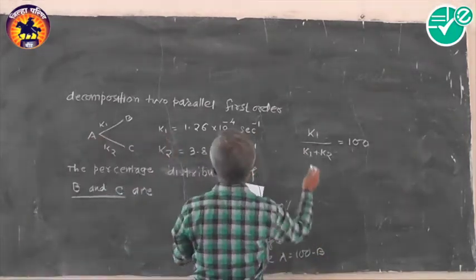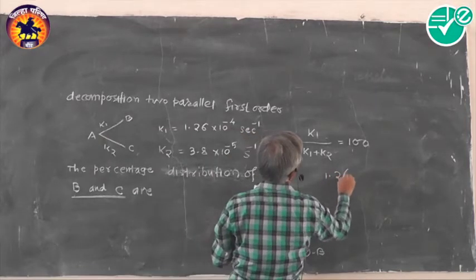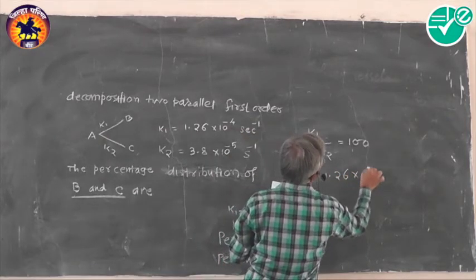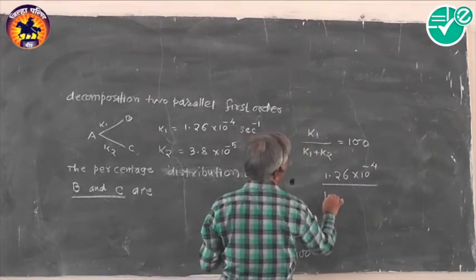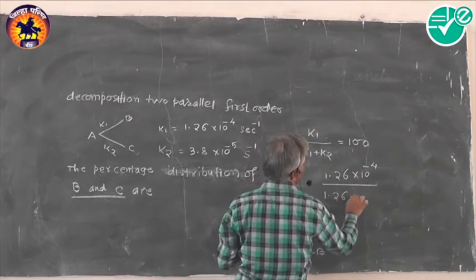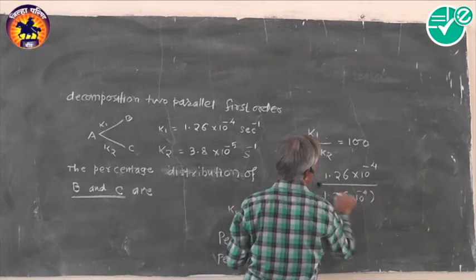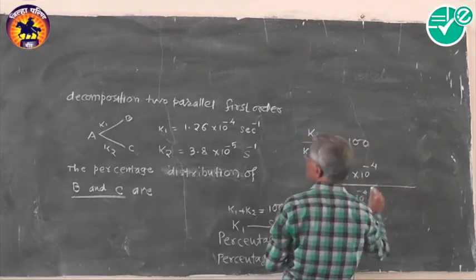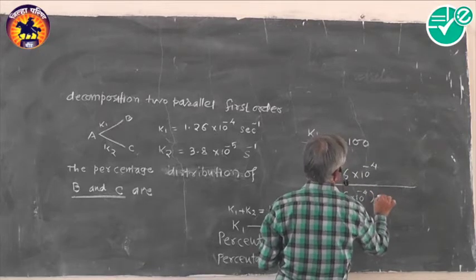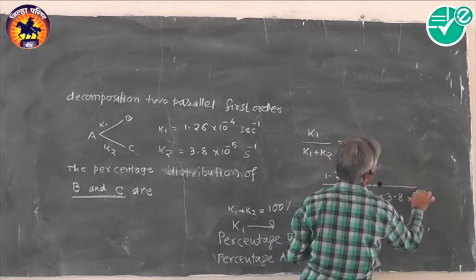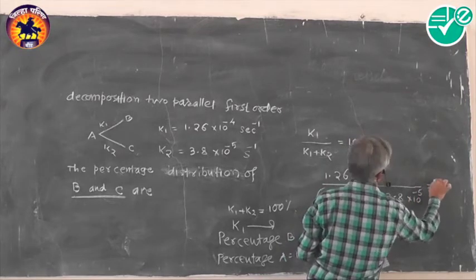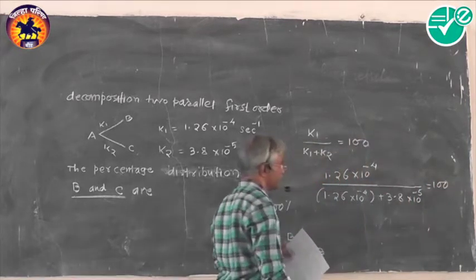You will have 1.26 into 10 raised to minus 4 divided by 1.26 into 10 raised to minus 4 in the first bracket, and in the second bracket 3.8 multiplied by 10 raised to minus 5, multiplied by 100.